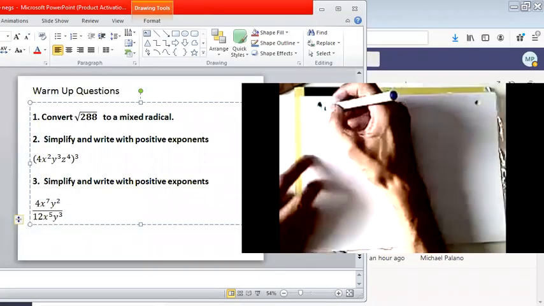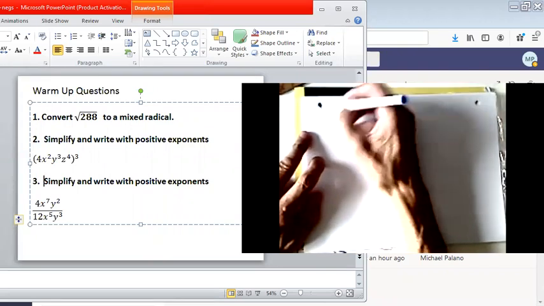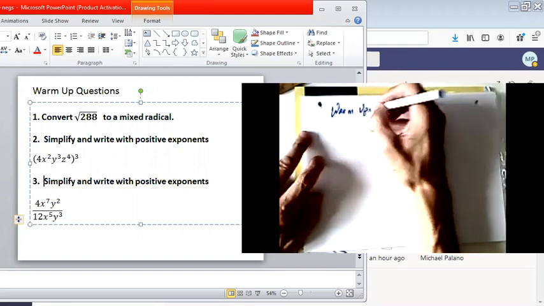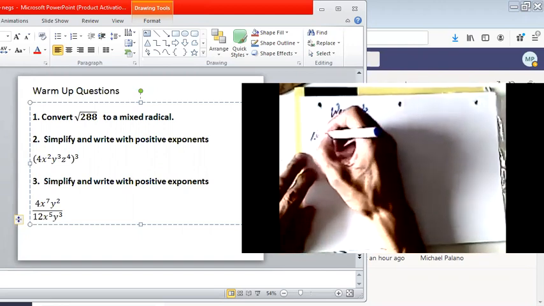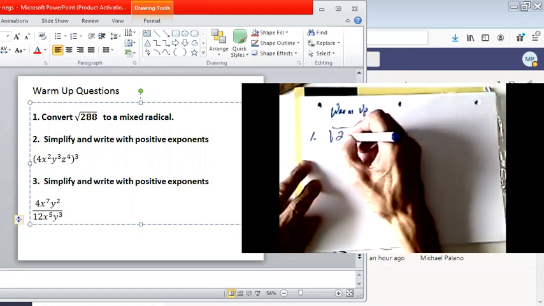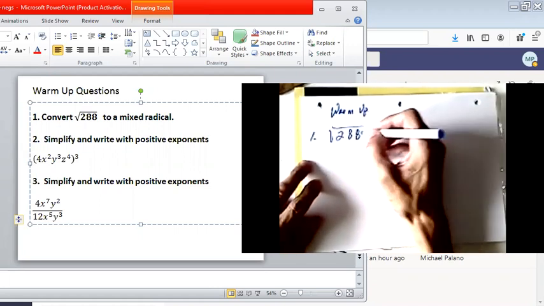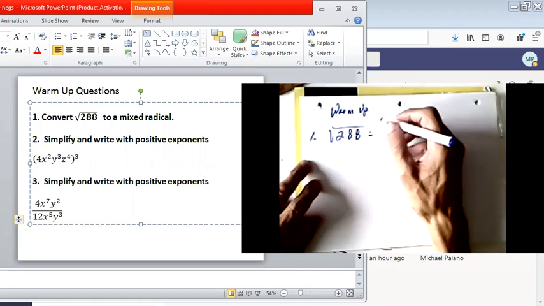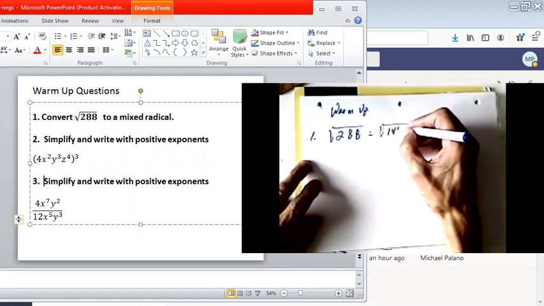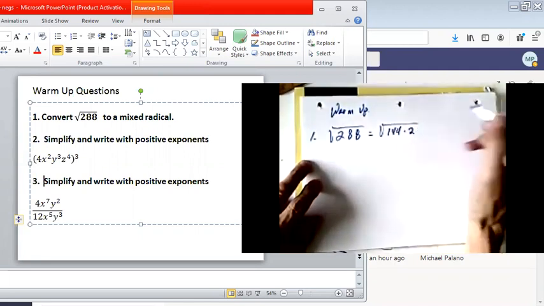Okay, so the solutions now to the warm-up questions. Number one, let's see. One thing that you can do is recognize that 288 is the same as 144 times 2.